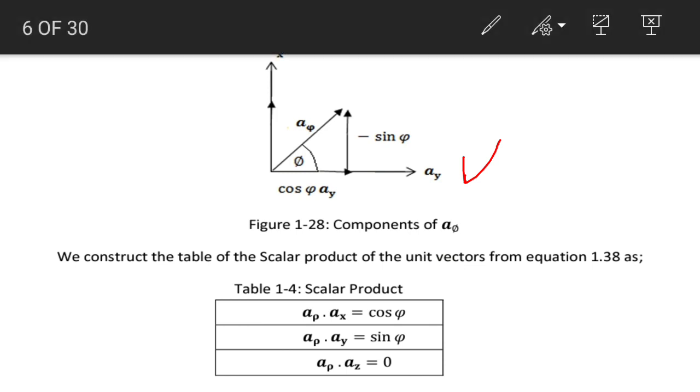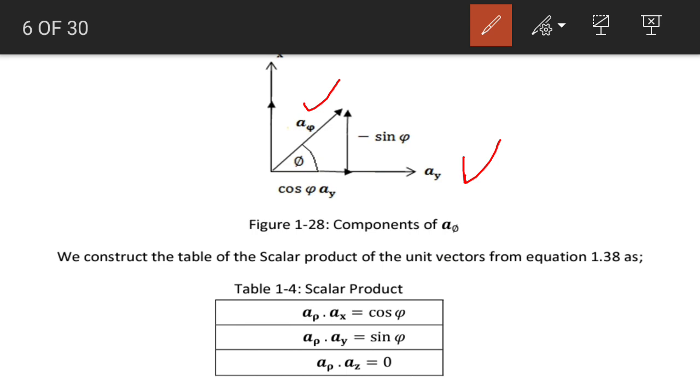And you see the unit vector A phi makes an angle phi with y-axis, with respect to y-axis. And we resolve this unit vector into two components.